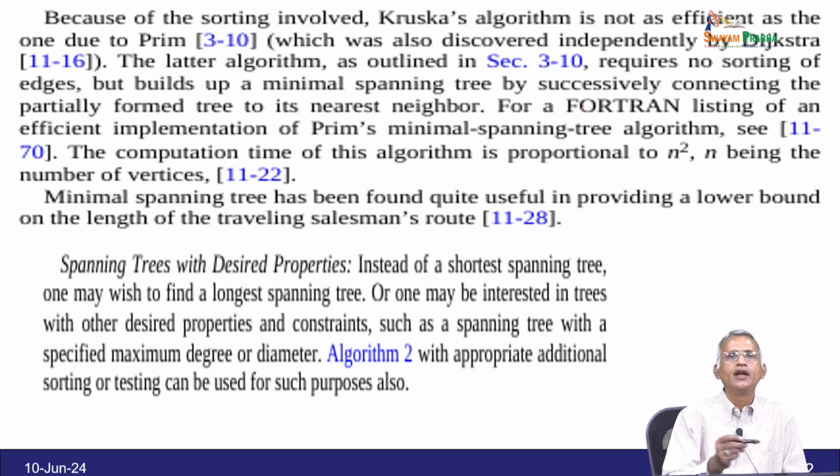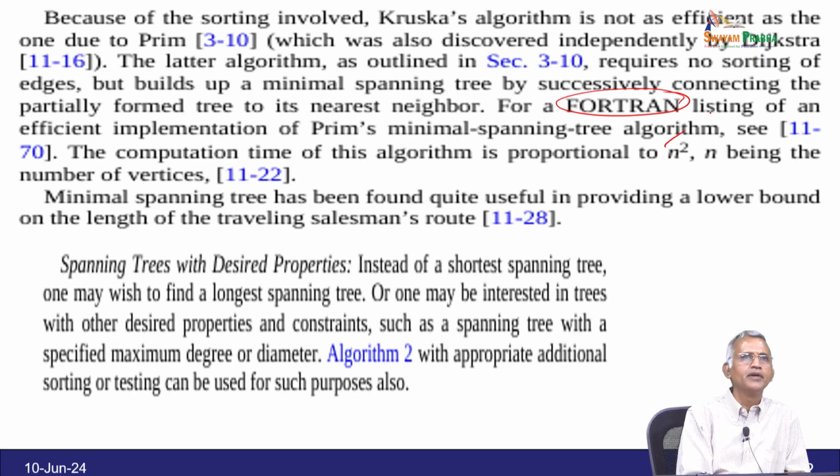Now we can go to advanced languages like C, C++ and Python for an efficient implementation of Prim's minimal spanning tree algorithm. The computation time of the algorithm is proportional to n square, n being the number of vertices. The minimal spanning tree has been found quite useful in providing a lower bound on the length of the travelling salesman problem.